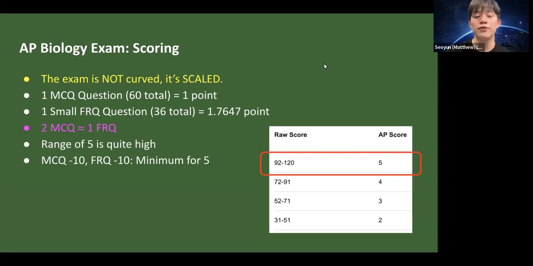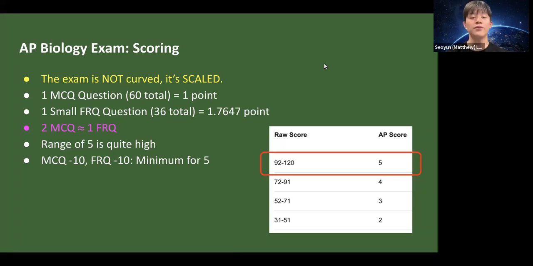There are a total of 36 small FRQ questions, and mathematically speaking, each of them is worth 1.7647 points. So that leads to a conclusion that 2 MCQ questions are equivalent to 1 FRQ question in terms of scoring. Missing a single small FRQ question is equivalent to missing 2 MCQ questions.